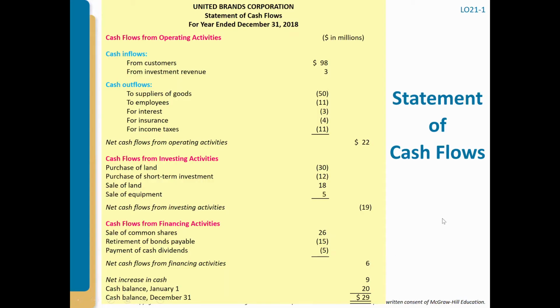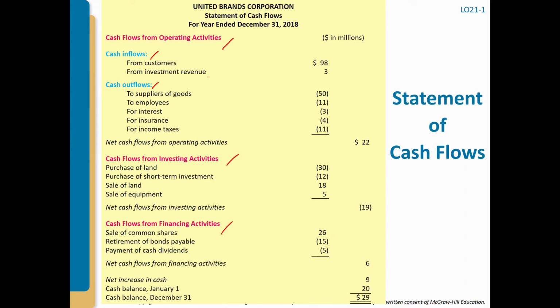So this is the example. We have three activities: operating, investing, financing. In each activity we have cash inflow and cash outflow. Cash inflow means we're receiving cash, so our cash is going to increase.